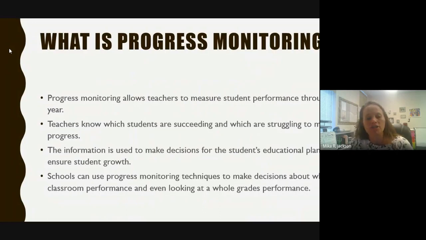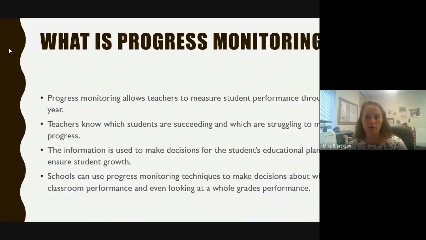And the information that you get from progress monitoring, you can add into that plan for that student to ensure that they're going to grow throughout the year. And whenever we also use progress monitoring, we can make decisions about not just individual performances, but as a class and even as a grade.